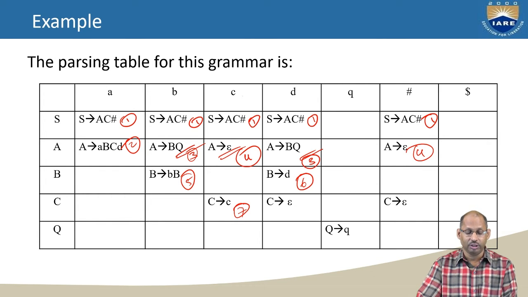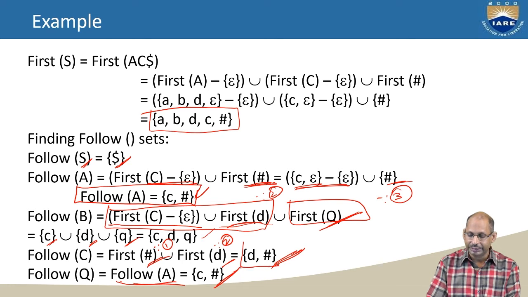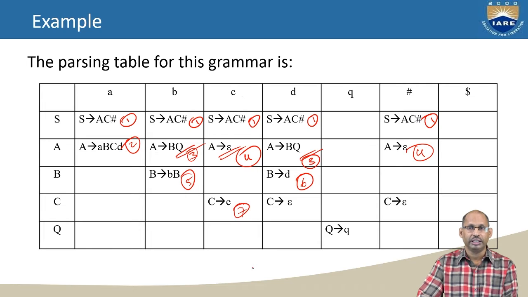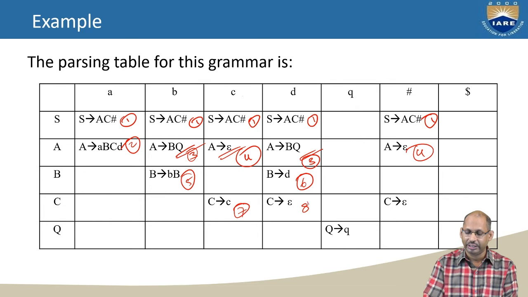Since it is epsilon, follow of C is considered. Follow of C is D and hash. So in the D and hash we write the eighth production.